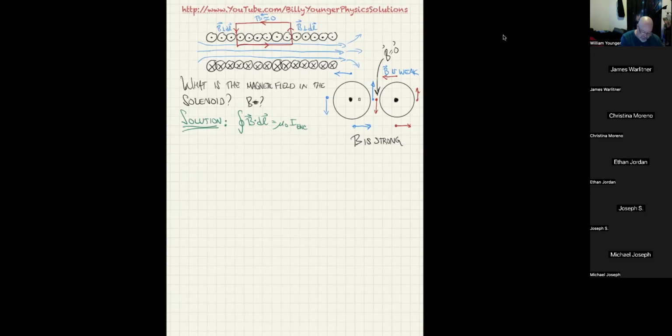In other words, the closed integral of B dot dl is mostly just going to be what happens with the bottom part of that line. Okay, so this was our Amperian loop. I'm just going to label that because I haven't yet. So just like before when we had Gaussian surfaces, here we have an Amperian loop.